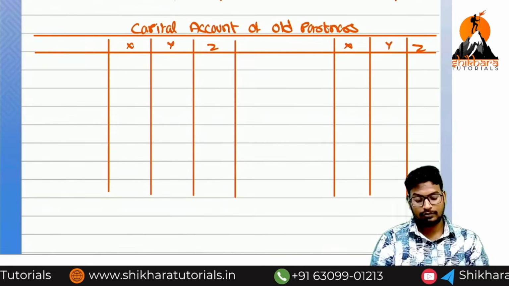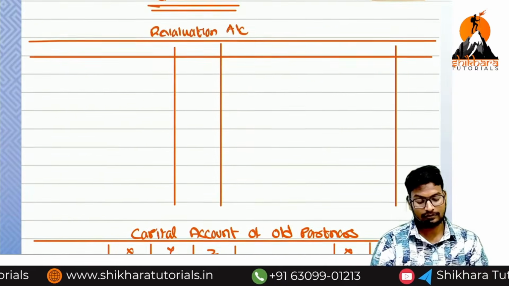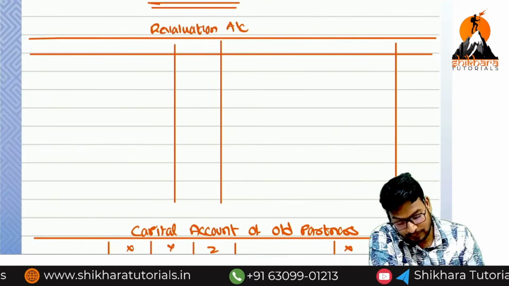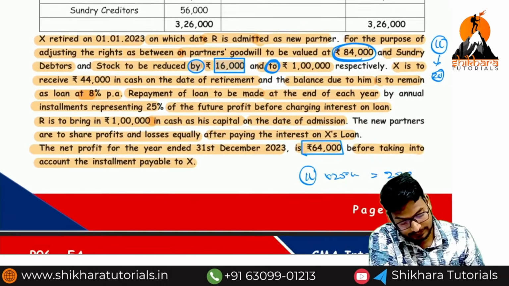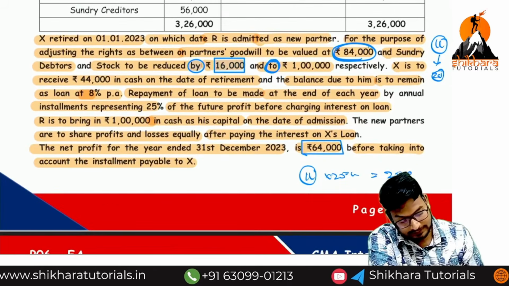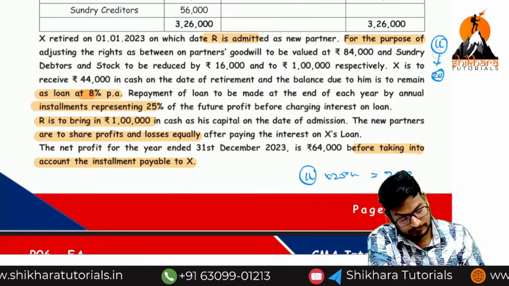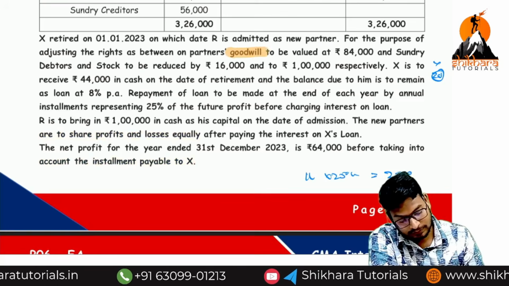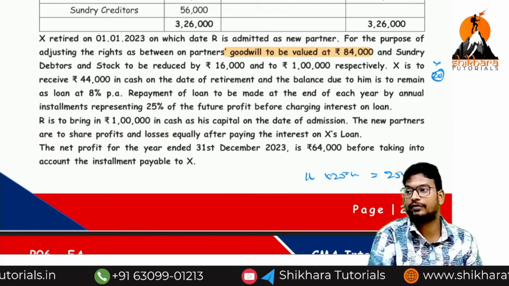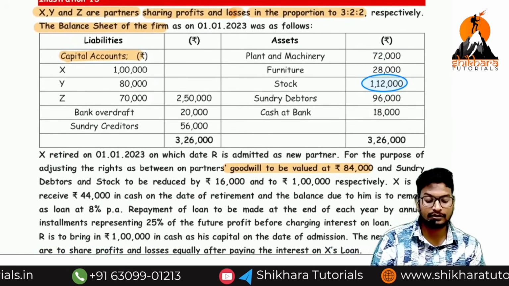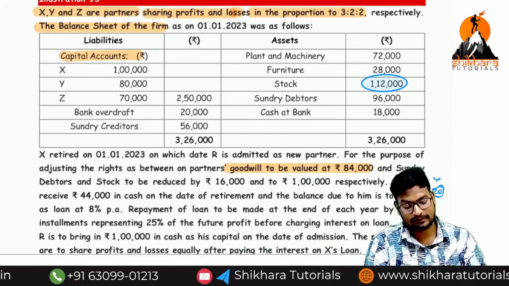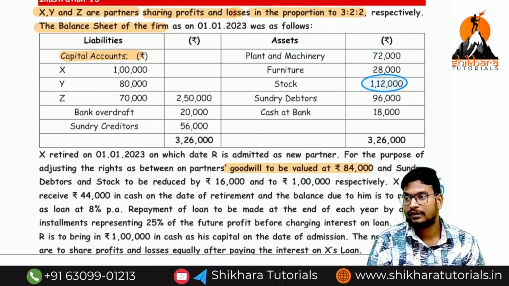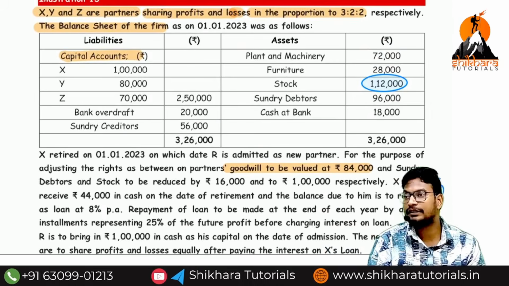Okay, first go to the revaluation account. What are the points given in the question? Once again, I am going to erase everything. We need to maintain the goodwill. Goodwill is to be valued at how much? 84,000. There is no goodwill on the asset side; if you want, you can check. So we need to increase the goodwill.